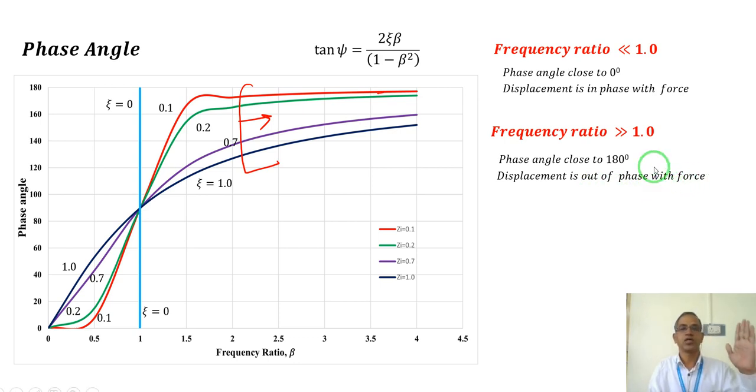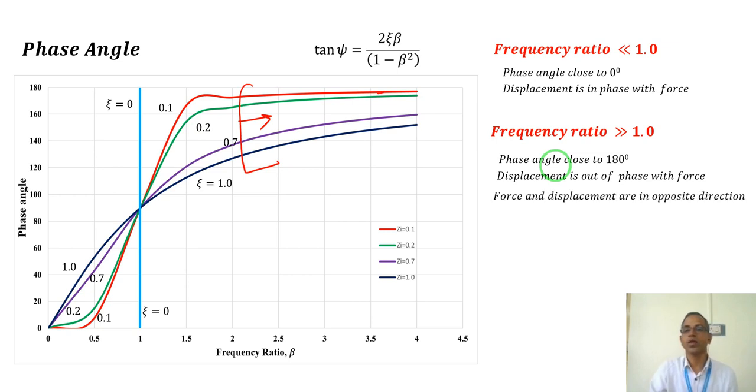When force is this side, displacement is this side. So they are out of phase. That is why with high frequency, it doesn't look like the structure is vibrating, because when the force goes one way, the displacement goes the other side. So the structure is almost steady. Force and displacement are opposite in direction.